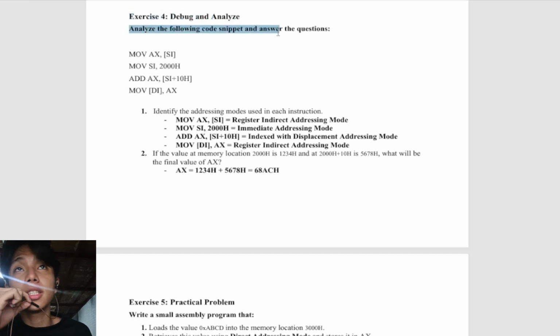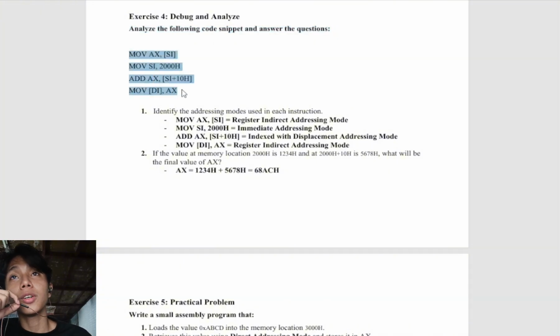Analyze the following code snippet and answer the questions. MOV AX, [SI]; MOV SI, 2000H; ADD AX, [SI + 10H]; MOV [DI], AX. Number 1 is to identify the addressing mode used in each instruction.